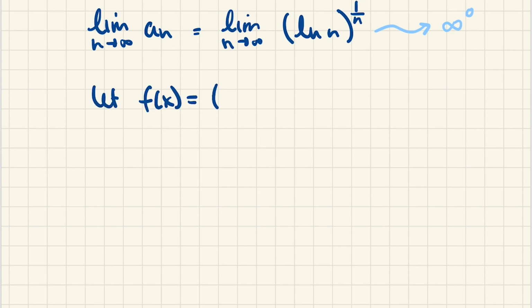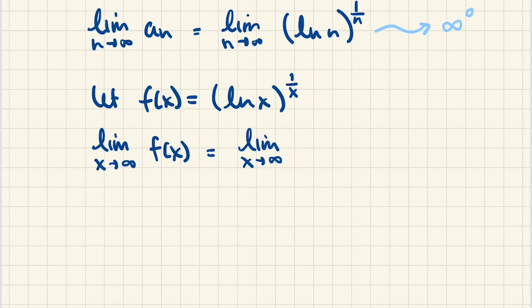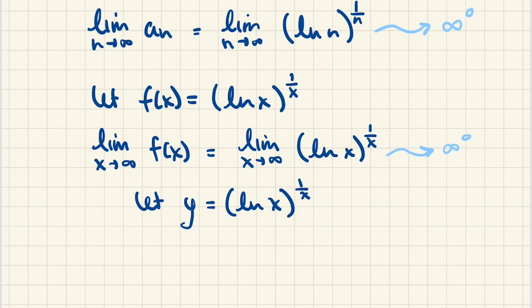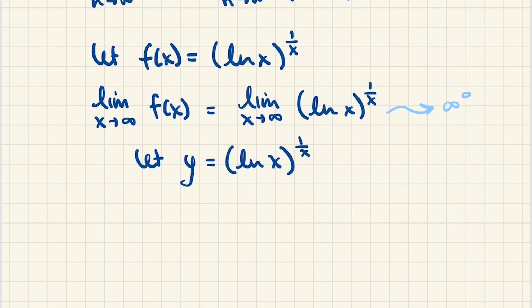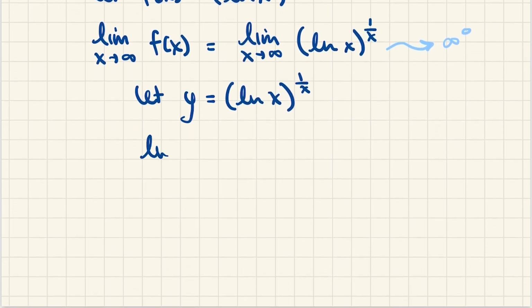So first we'll let f of x be ln of x to the 1 over x. And now we are going to evaluate this limit. No surprise, we're getting the same form, infinity to the 0. Here we will let y equal the expression, and writing y equals the expression allows us to take the ln of both sides.